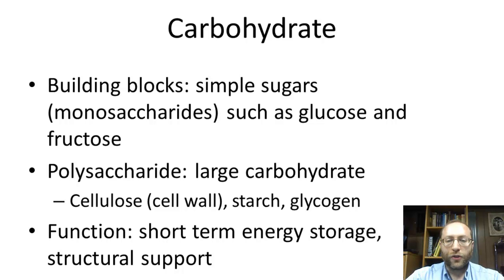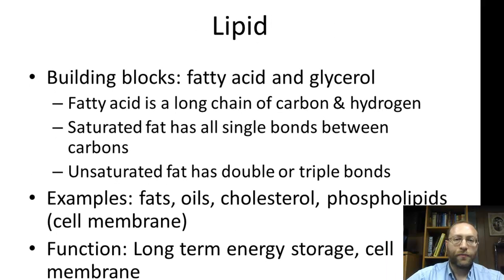And then you've got short-term energy storage, which is starch, like we find in the potato, which is practically all starch. And glycogen, which is our version of starch. Like starch is something that's found in plants. And glycogen is what we use for our short-term energy storage, and that's primarily found in the liver. It's also found in our muscles.